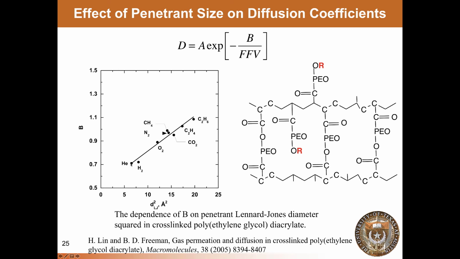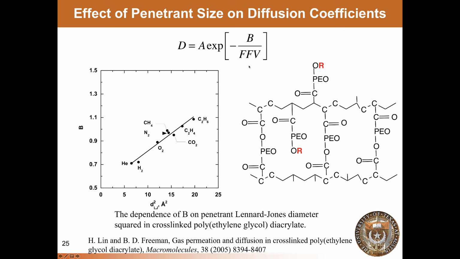So very small penetrants have small B values, and their diffusion coefficients, if you look at a series of these materials, change relatively little with free volume, or are relatively insensitive to free volume, whereas large penetrants like ethane are very sensitive to even small changes in free volume.